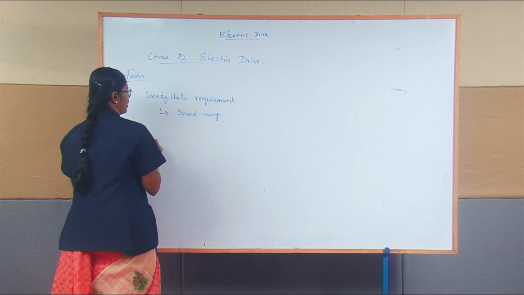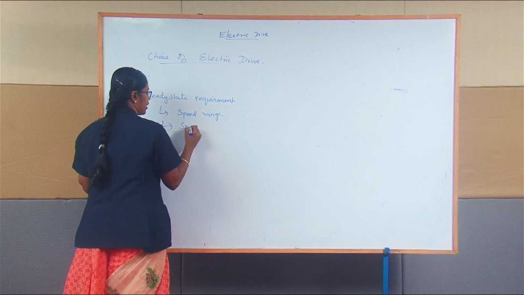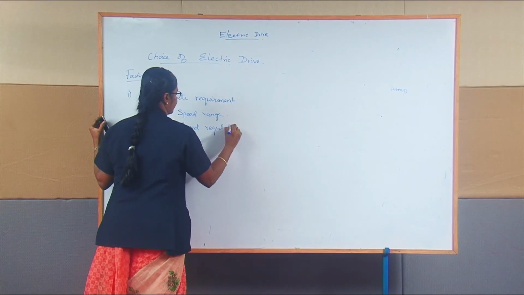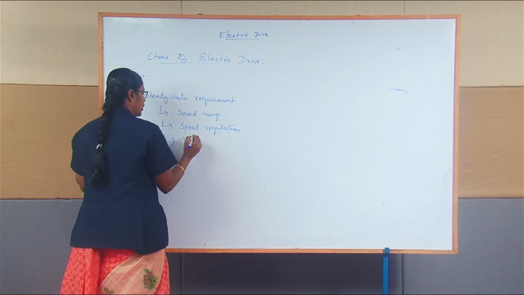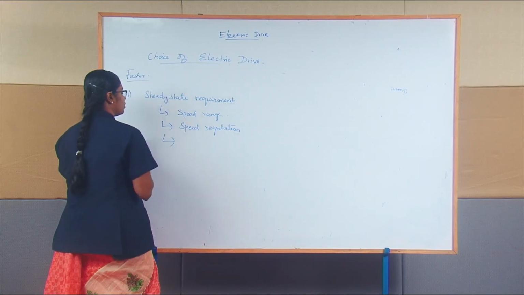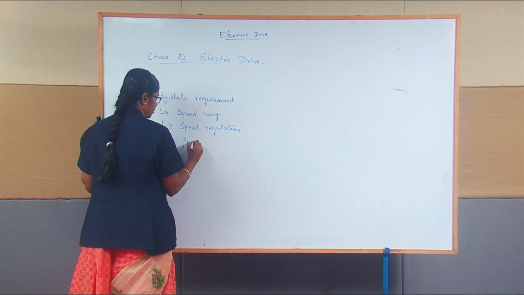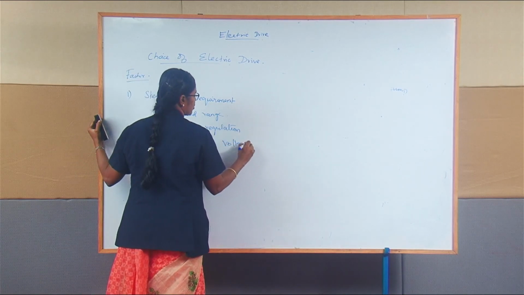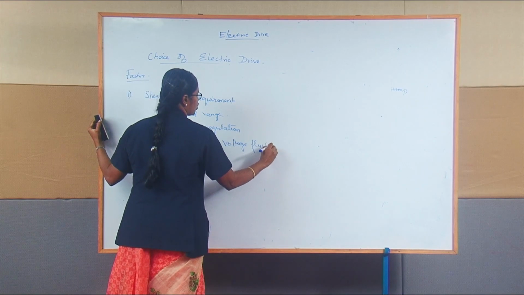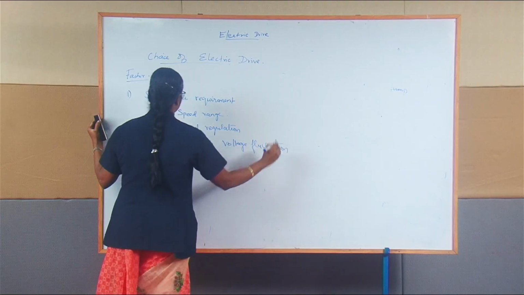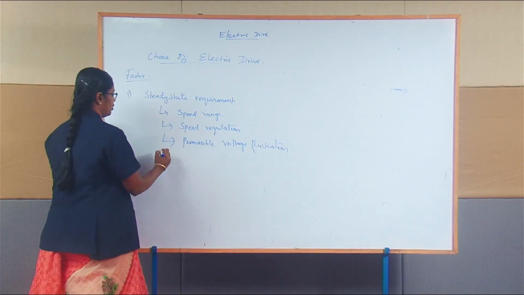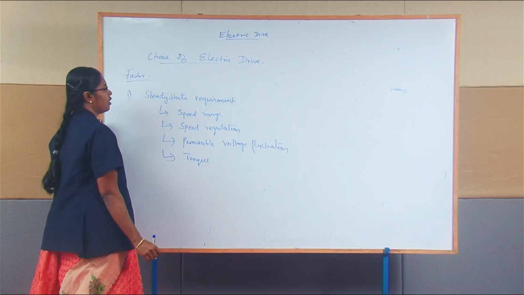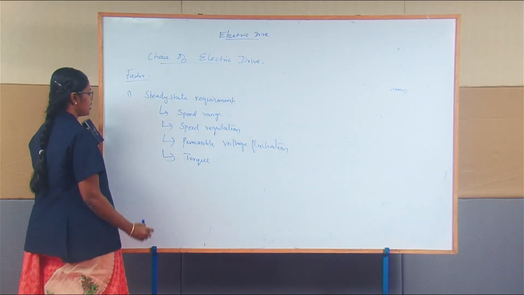How much speed range? Then speed regulation, permissible voltage fluctuation, okay, torque. Okay, all these things come under steady state requirement.